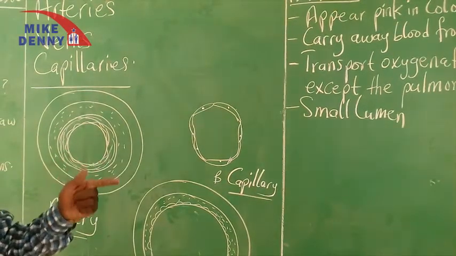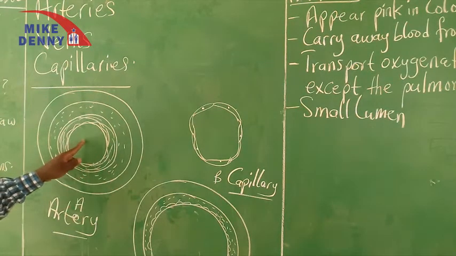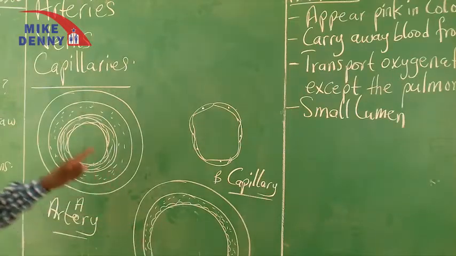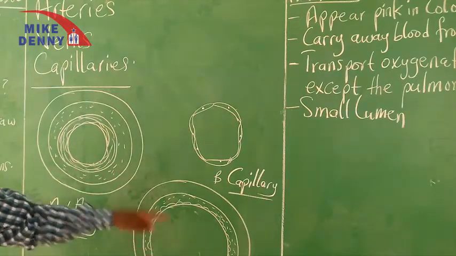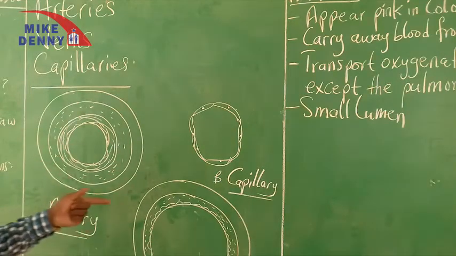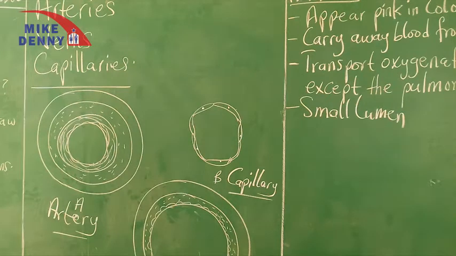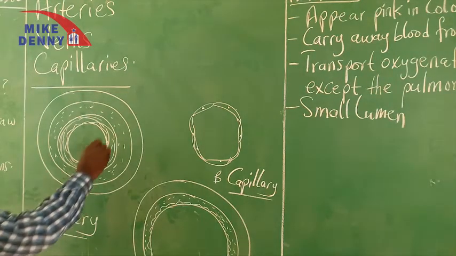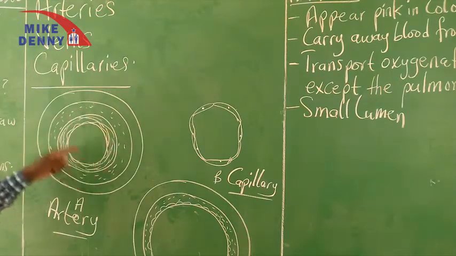It is blood space. Lumen is blood space. If you look at the blood space here in the artery and the vein, you can make a difference in their blood space. Which one is having more blood space and one is having a smaller blood space? At the end, you'll be able to say why one is smaller and one is bigger or wider. And the artery here, the walls, it has thick muscular walls.